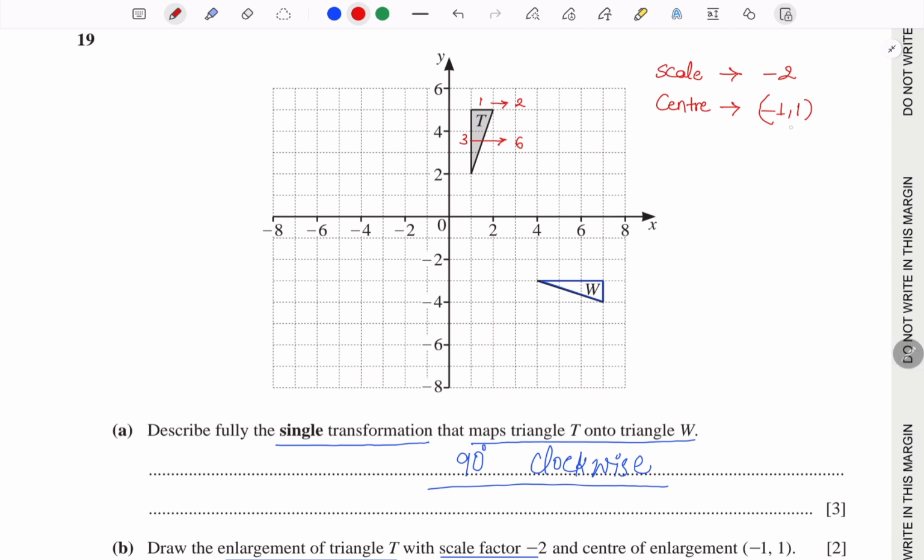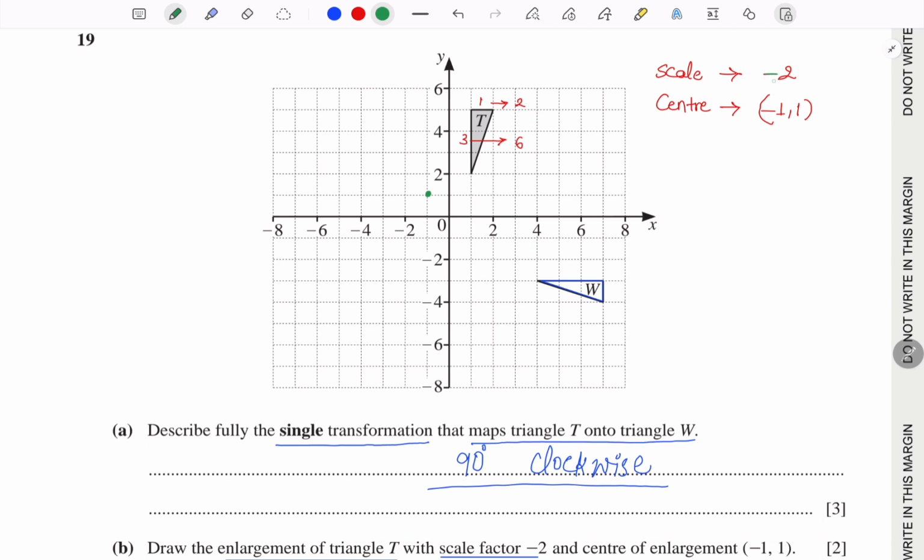Next, the center of enlargement is (-1, 1). So we need to plot that point: minus 1 comma 1. This is the center of enlargement. Now what does this negative sign mean?